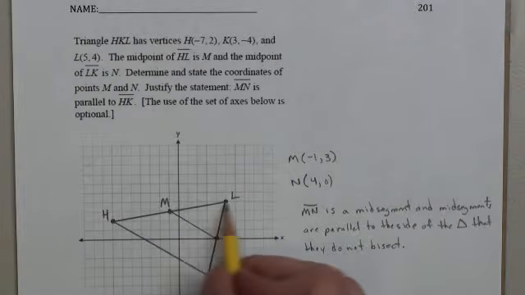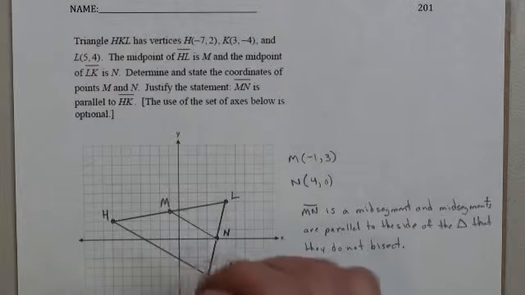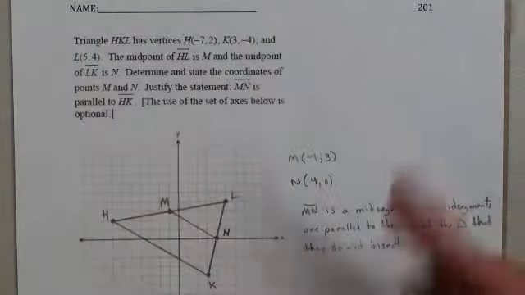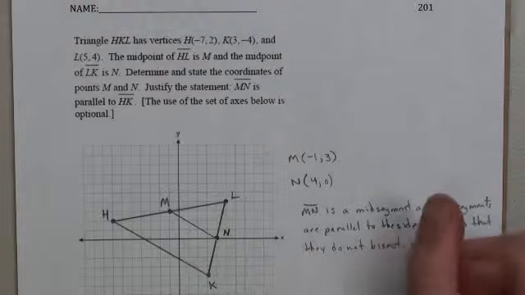So you see how M bisects HL and N bisects LK? The only side they don't touch is HK, so that's the side it's parallel to. So segment MN is a midsegment, and midsegments are parallel to the side of the triangle that they do not bisect.